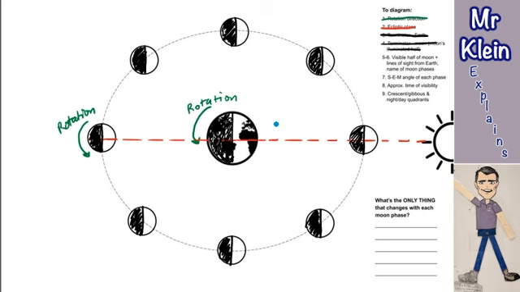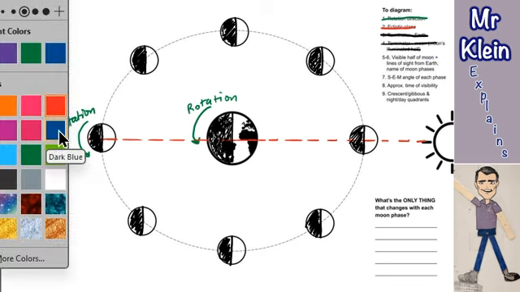But so we're going to do the visible half of the moon. So when we draw these lines, let's start that over. So we draw the visible half of the moon, and it's important to realize that, yeah, we always only see half of the moon from Earth.